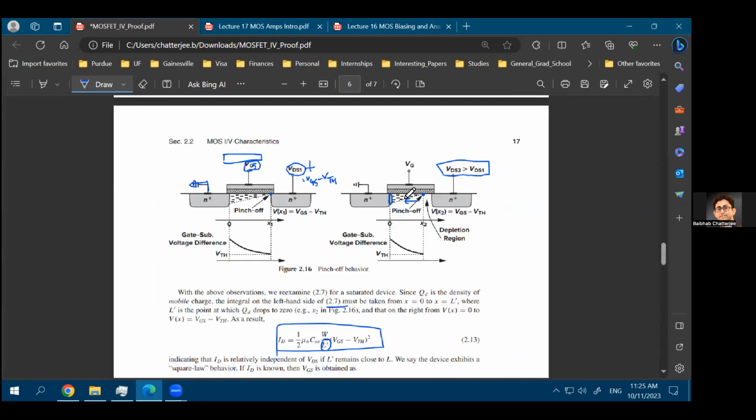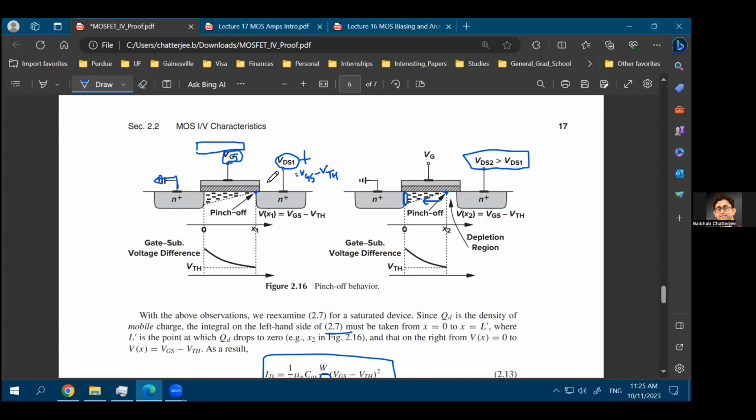You will probably understand why L prime is a function of VDS: as you apply more and more VDS, this pinch off point moves towards the left, right? So there is a dependence of L prime on VDS.